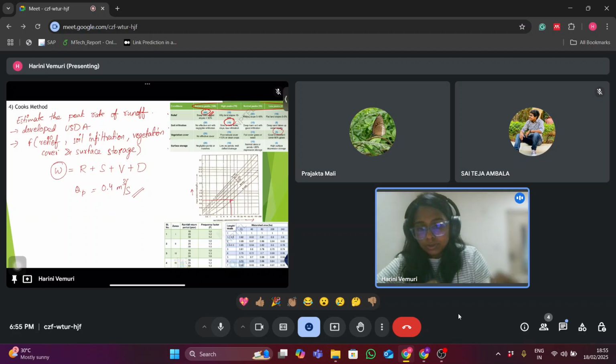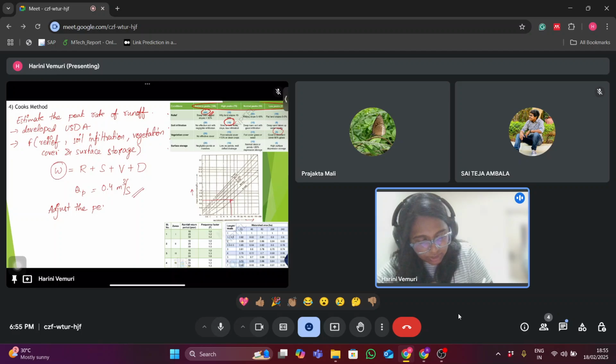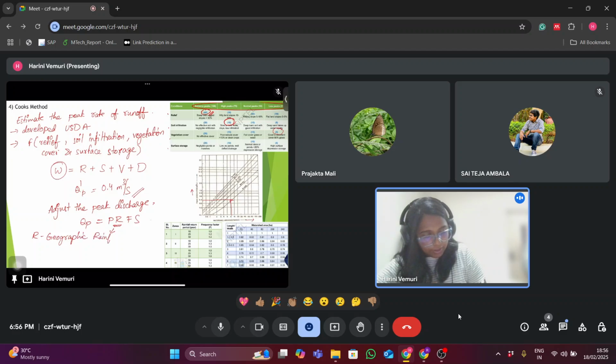peak discharge. So to correct it, we will adjust the peak discharge. For that, it is adjusted by some other factors like the geographic rainfall factor. R is the geographic rainfall factor.